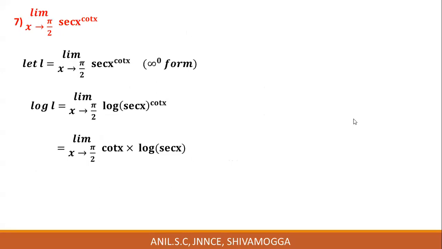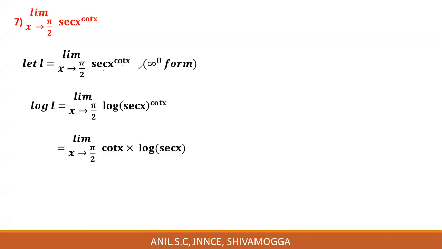Try this one. Limit x tends to pi by 2 secant x power cot x. Let this be L. Let L is equal to limit x tends to pi by 2 secant x power cot x.